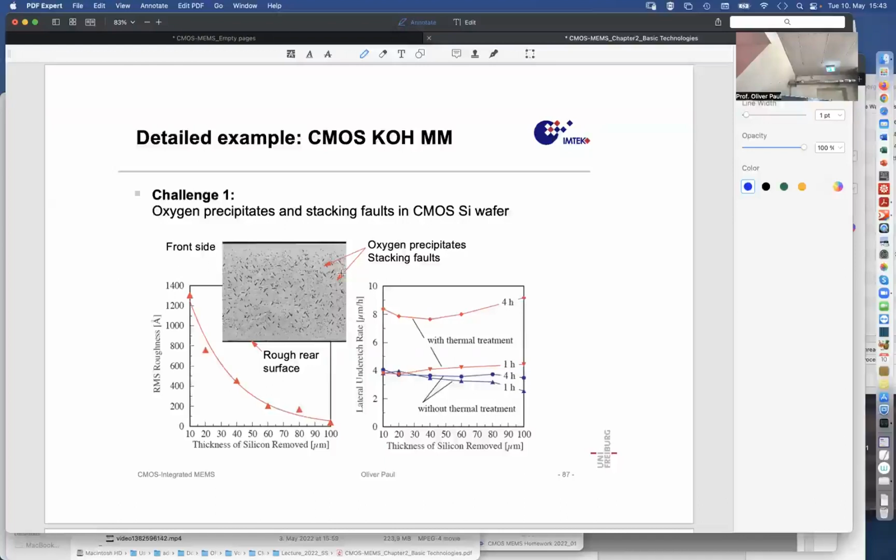They go through a temperature cycle, which I haven't mentioned so far, a pre-treatment, which allows that oxygen to aggregate into oxygen precipitates, little particles of silicon oxide buried in the wafer.